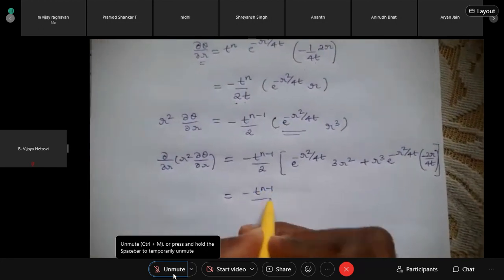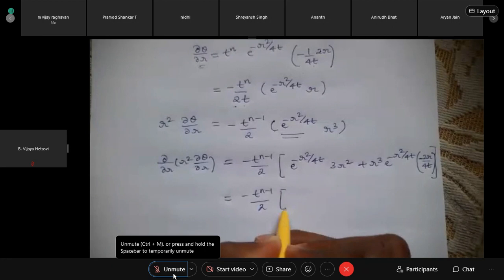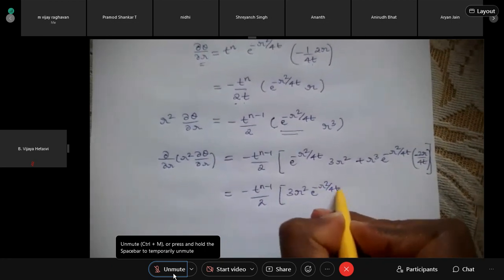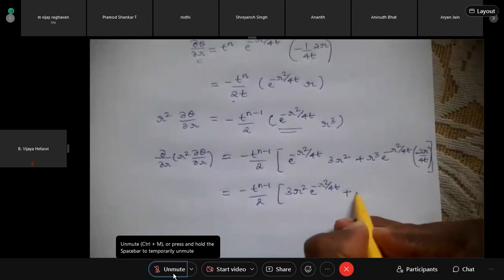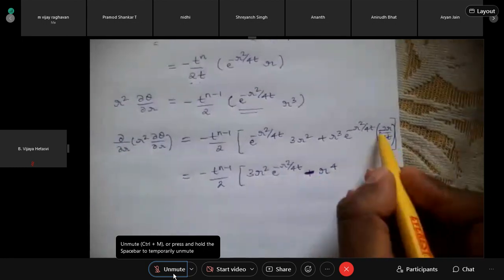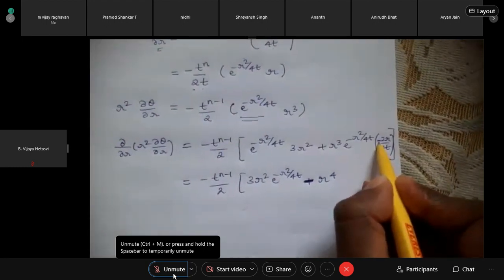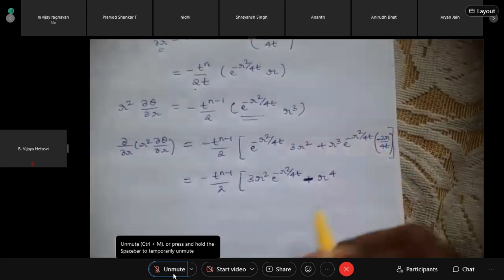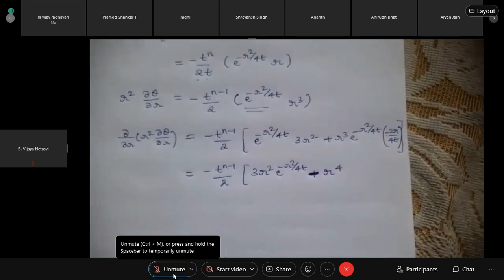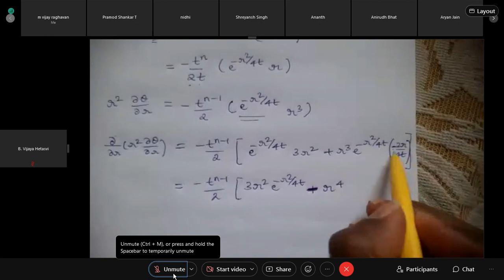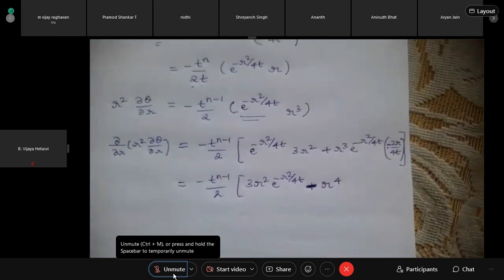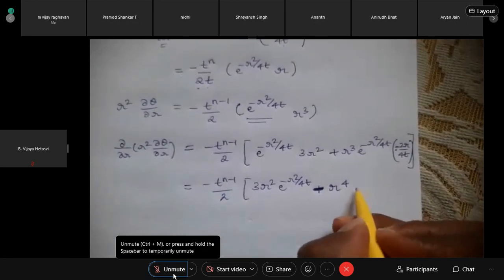Before going to the next step, let me simplify this. It is 3r square e to the power of minus r square by 4t plus, or shall I write it as minus only here, because there is a negative sign here multiplied by this plus, which becomes minus.